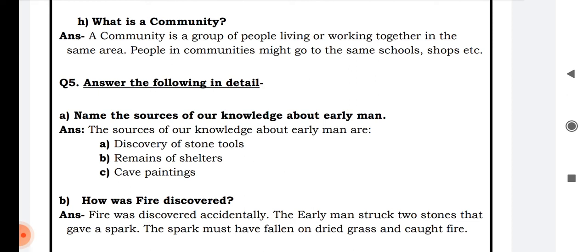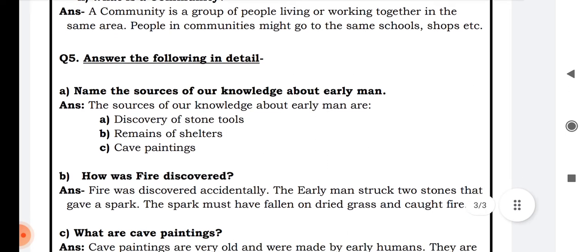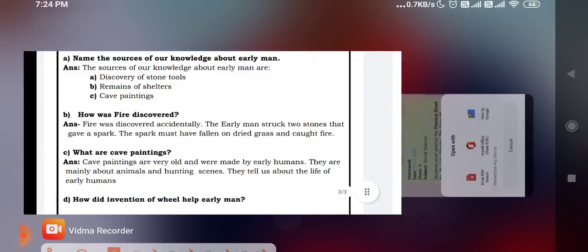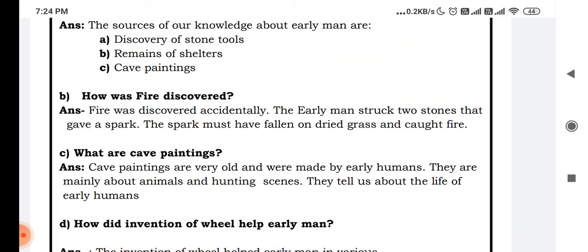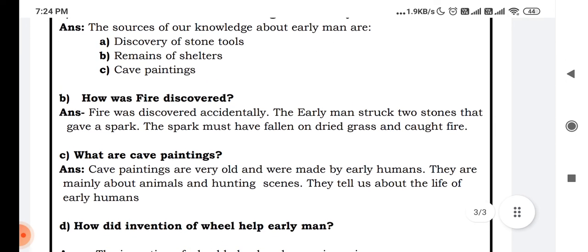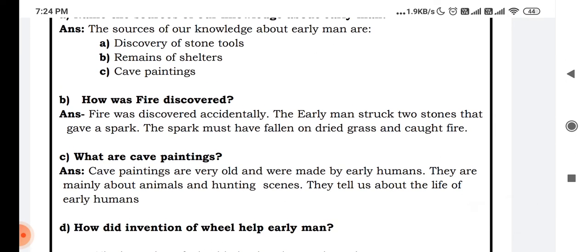Question 5. Answer the following in detail. A. Name the sources of our knowledge about early man. Answer. The sources of our knowledge about early man are A. Discovery of stone tools.